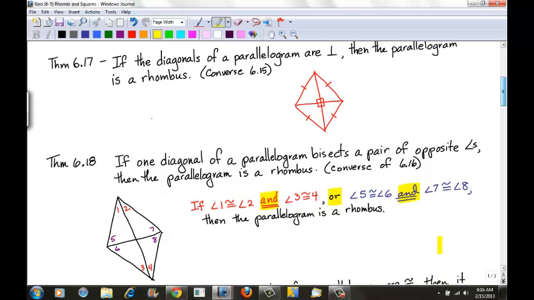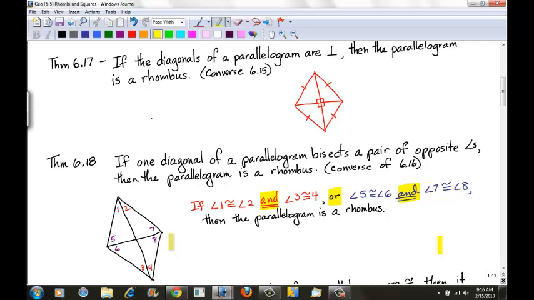So what it really says is if you look at your picture, if angle 1 and angle 2 are congruent, and, that's a big and statement. Remember the and statements, both parts have to be true. And angle 3 and angle 4 are congruent, okay, then it's a rhombus. Or if angle 5 and angle 6 are congruent and angle 7 and angle 8 are congruent, then the parallelogram is also a rhombus.